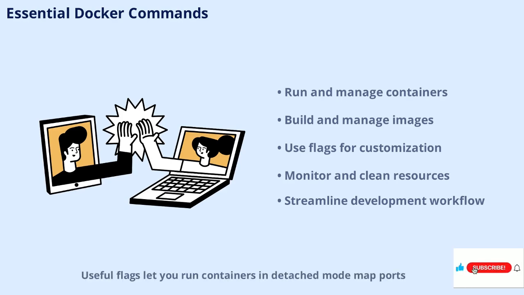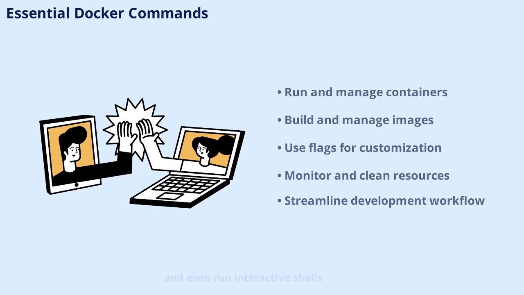Useful flags let you run containers in detached mode, map ports, mount volumes for persistent data, set environment variables, and even run interactive shells. System commands help you monitor Docker's resource usage and clean up unused resources. With these commands, you have full control over your containerized environment, making development and operations seamless.